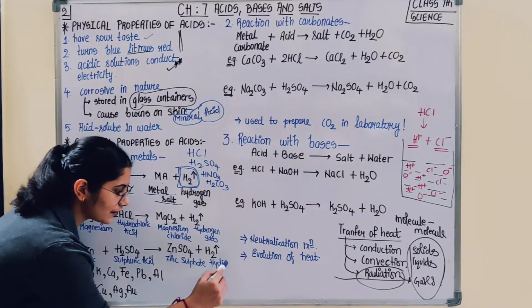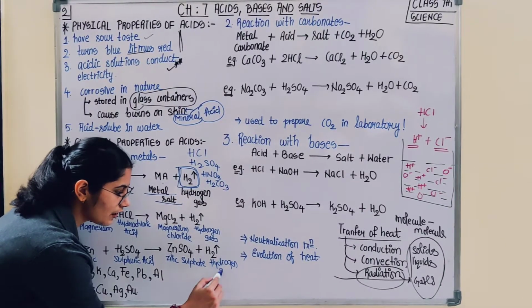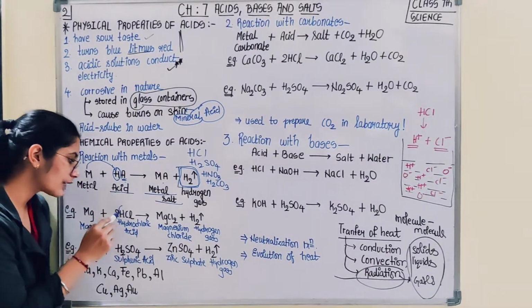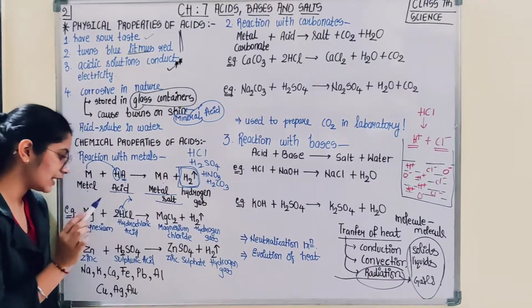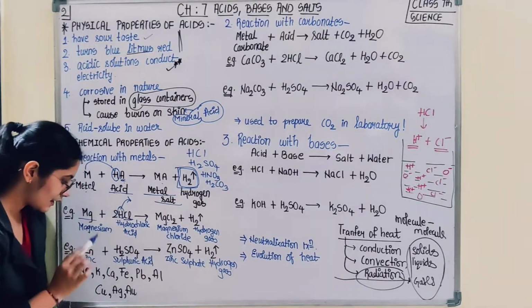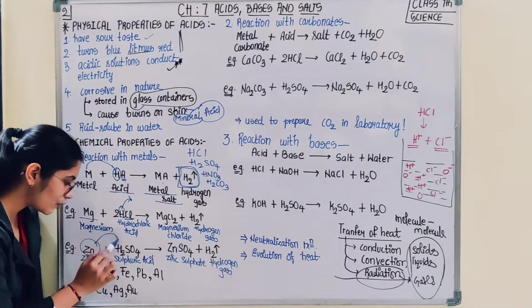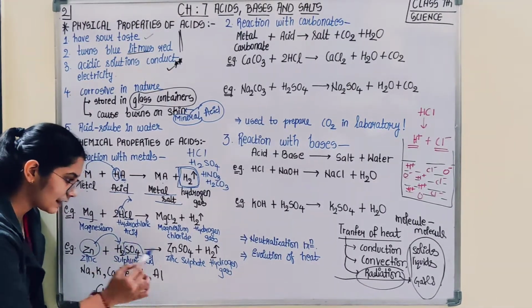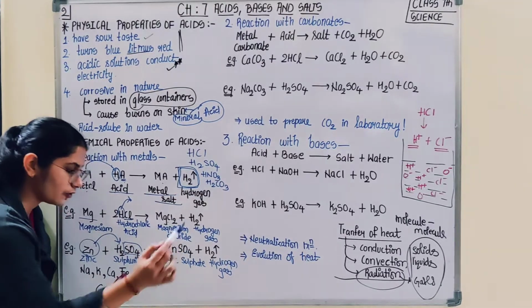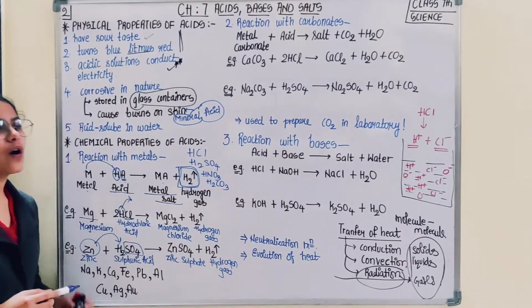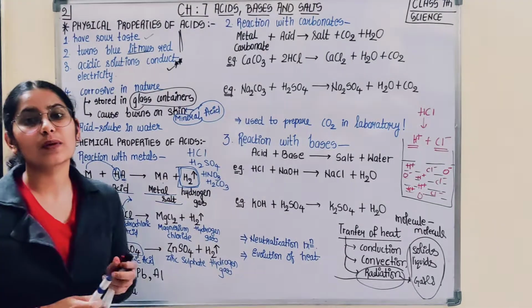So if you observe both the reactions carefully, the metal is able to replace hydrogen, it removes the hydrogen and magnesium itself combines with chlorine. Similarly, zinc removes hydrogen and itself combines with sulfate, forming ZnSO4. This is how acid reacts with metal.